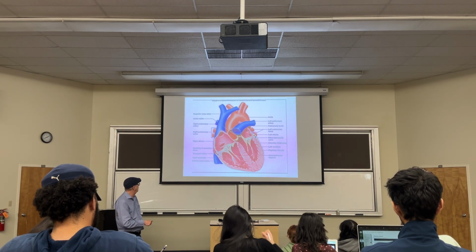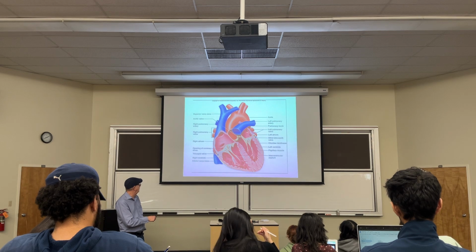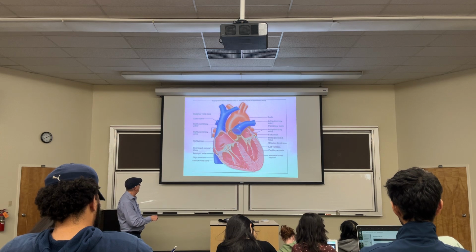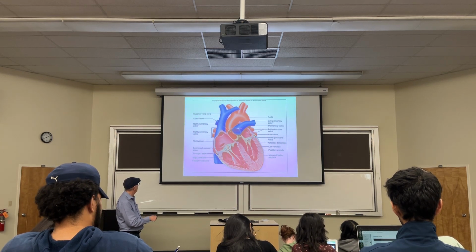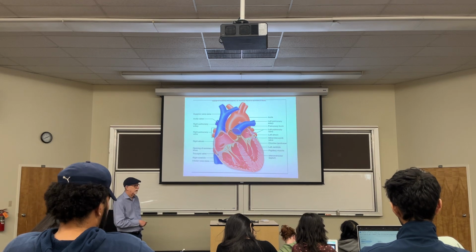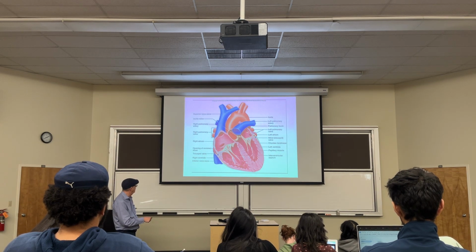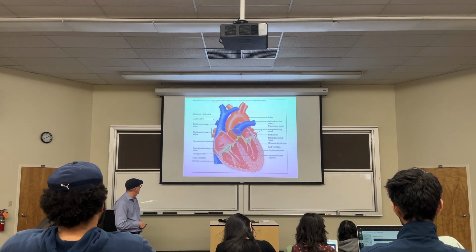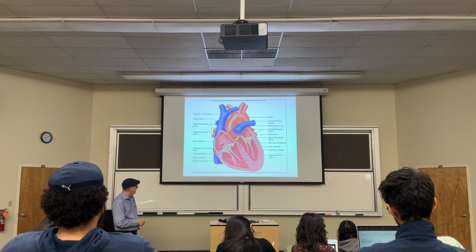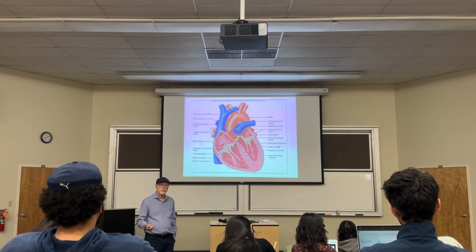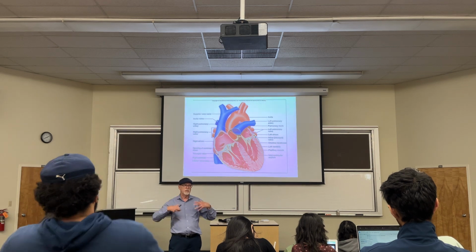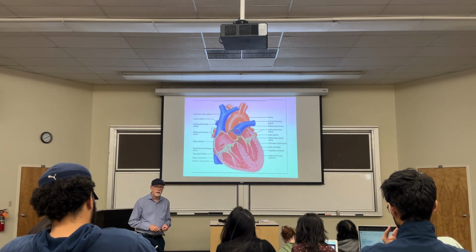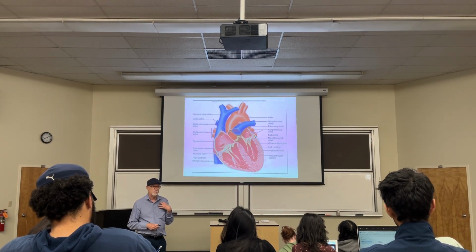At the same time, blood is coming into the left atrium from the pulmonary circuit. It comes through the four pulmonary veins from the lungs into the left atrium, through the mitral valve, and into the left ventricle. The blood on the right side is deoxygenated, or less oxygenated, because it's coming from the systemic circuit, and the blood in the left side is oxygenated because it's coming back from the lungs, the pulmonary circuit.